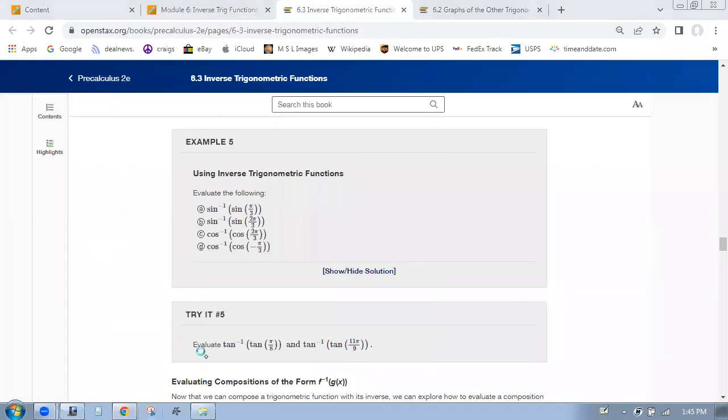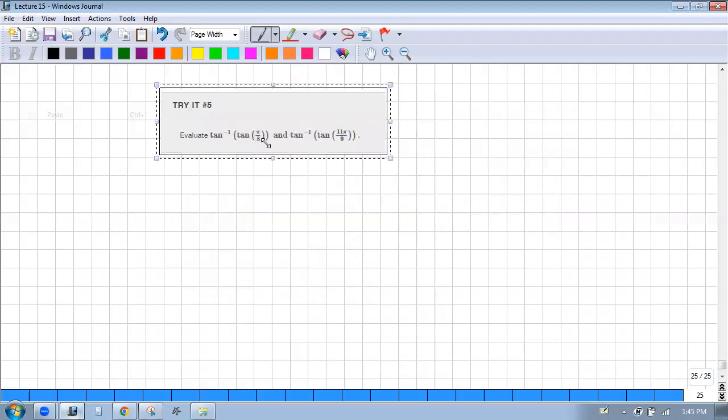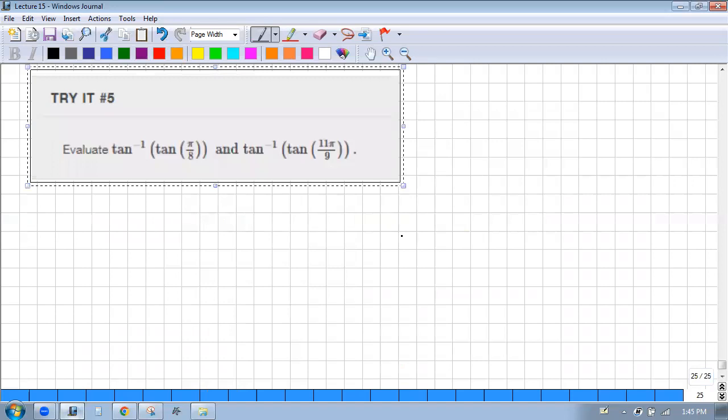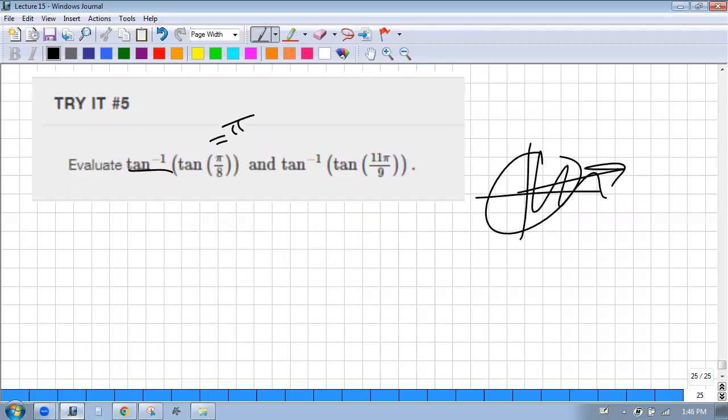Let's look at tangent here. Remember, tangent is pi periodic. Okay, so here we have pi over 8. Well, where's pi over 8? It's right here. Tangent inverse always gives us something over here, so yeah, pi over 8, boom. But this guy, 11 pi over 9, let's see, there's 9 pi over 9, 10, 11.